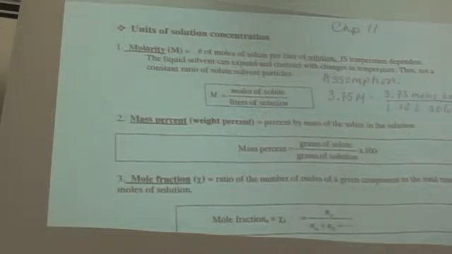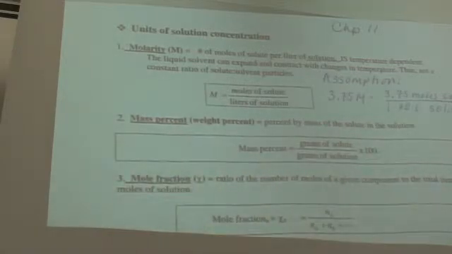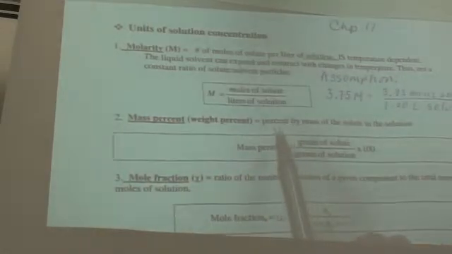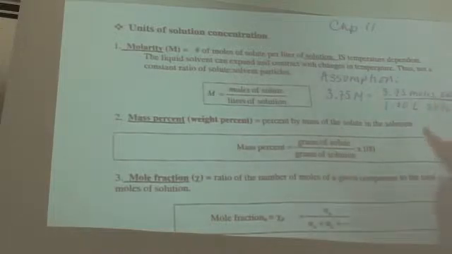Okay. So now we're going to go to mass percent. You can have a percent by volume, a percent by mass to volume. We're just going to talk about percent by mass. And that is defined as the mass of the solute over the mass of the solution. Once again, of the solution, times 100%.